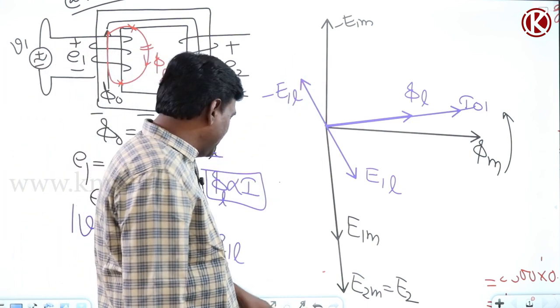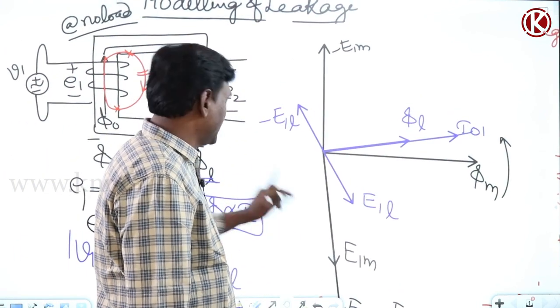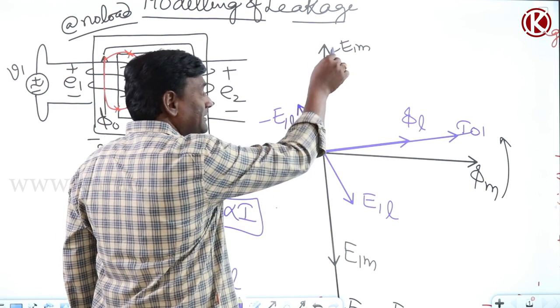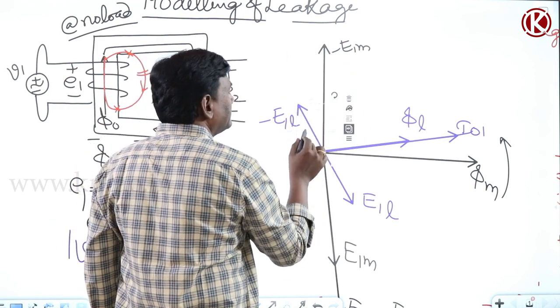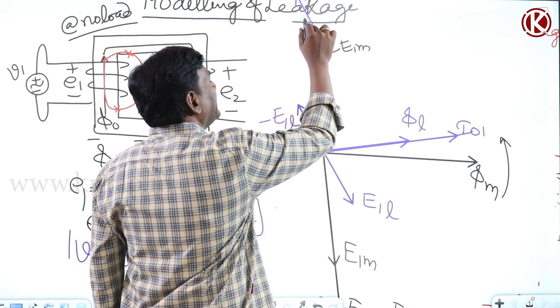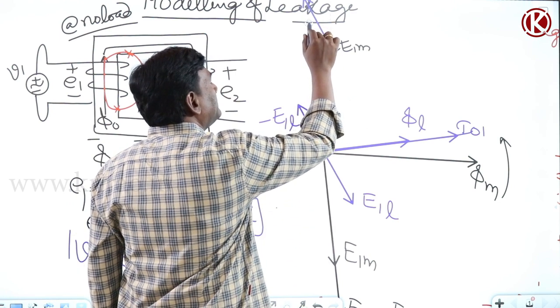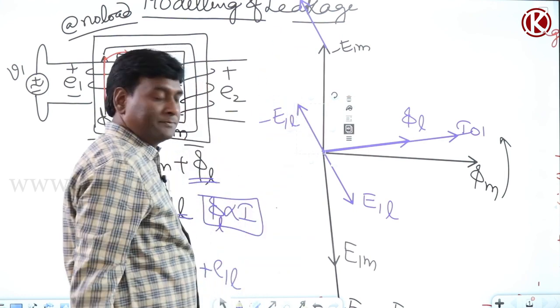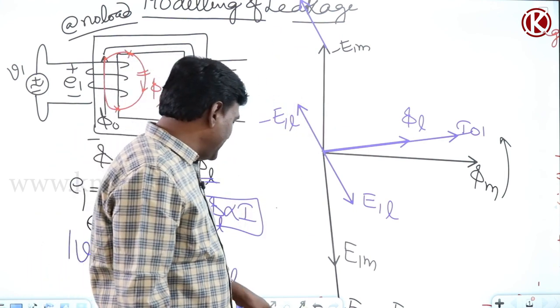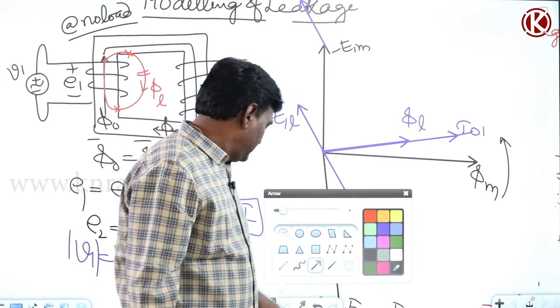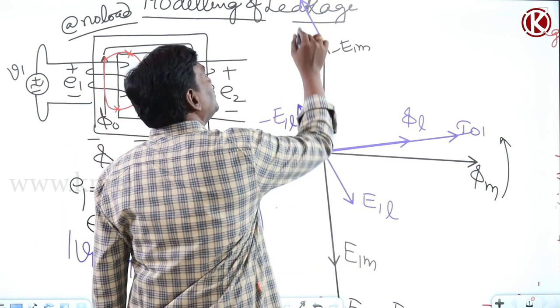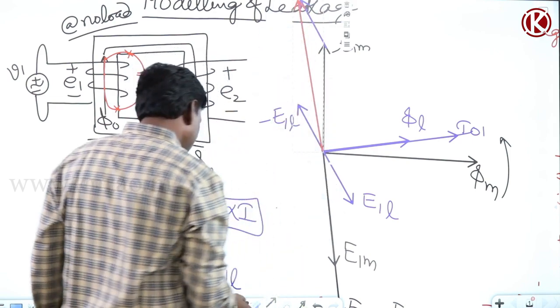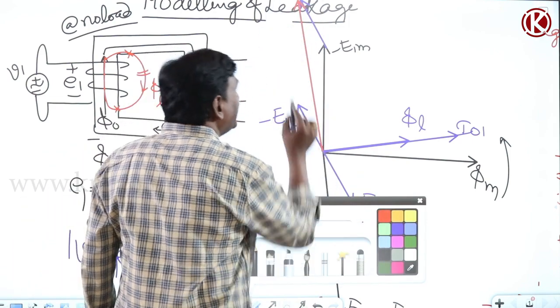Now E1M is here, so automatically E1L. Let me add E1L here. Now E1M plus E1L is going to be the primary induced voltage. So this is going to be total E1.